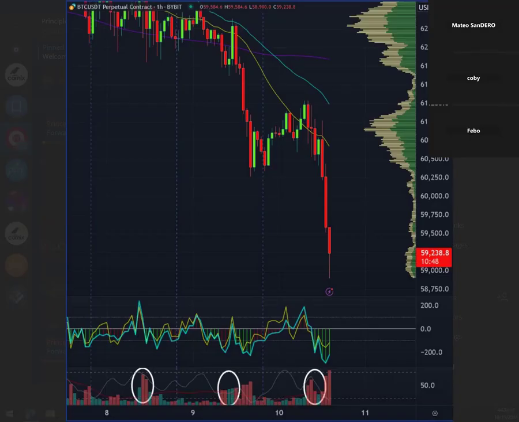We see here on the 60-minute chart these three time nodes, and you can tell downward volume juicy, upward volume not so much, and then today downward volume juicy again.